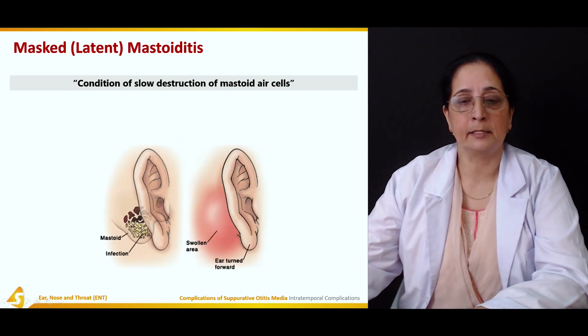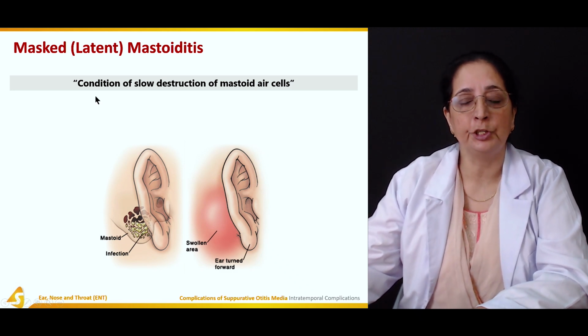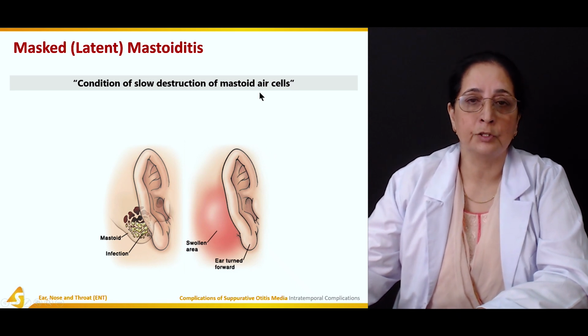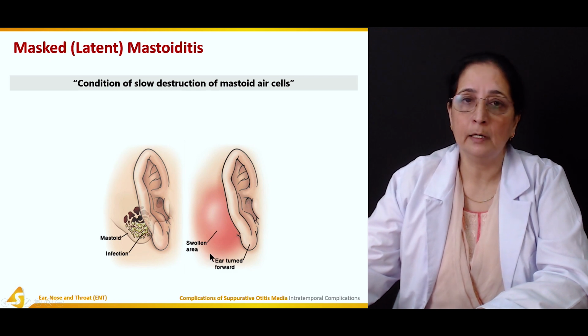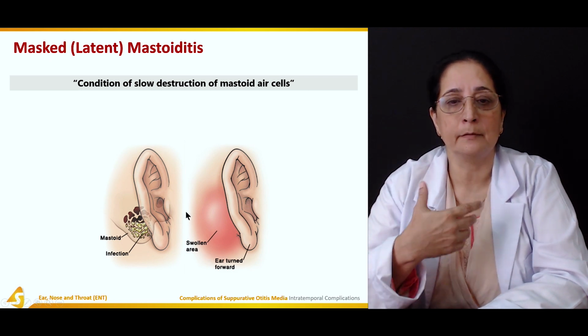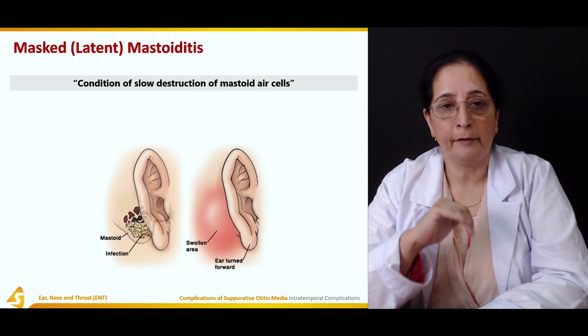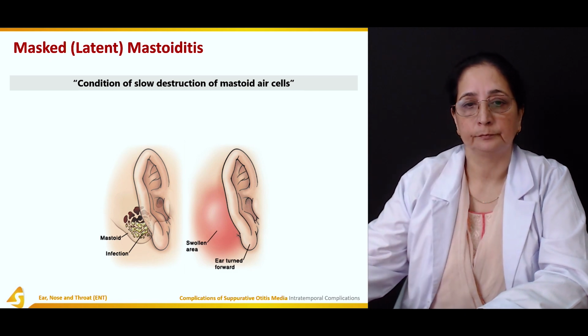Next, masked type or latent mastoiditis. It is the condition of slow destruction of mastoid air cells. Again, swollen area, similar presentations, but it is latent, a slowly progressing infection or slowly progressing mastoiditis.